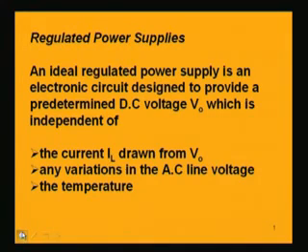Now, how is the output voltage affected by any change in the AC line voltage, as well as the current drawn, and how is it dependent on temperature change?